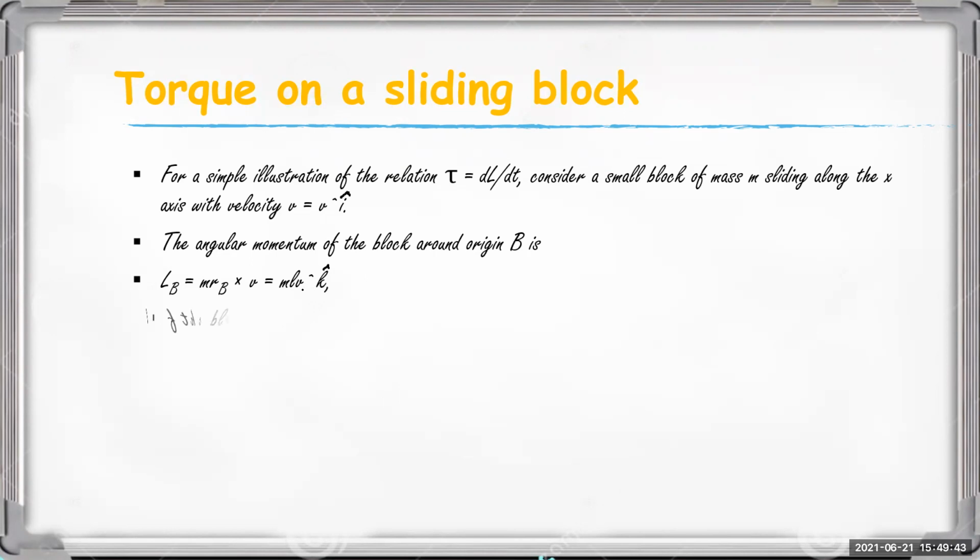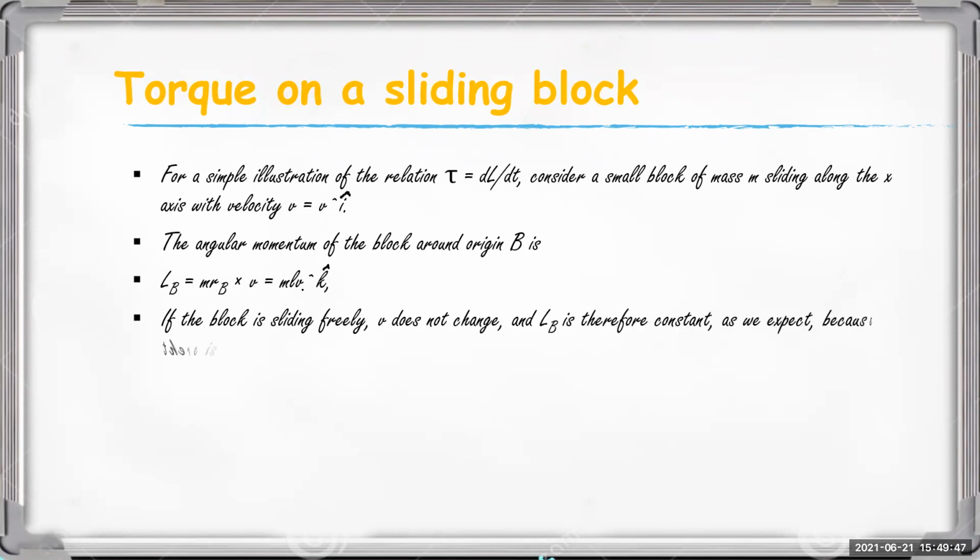So if the block is sliding freely, V does not change and LB is therefore constant because there is no torque on the block.